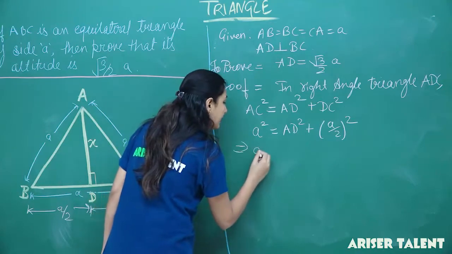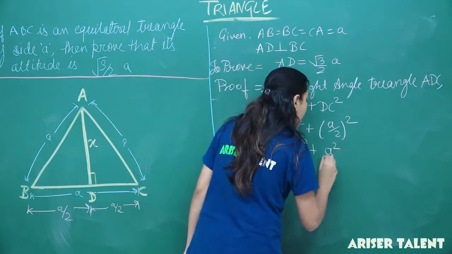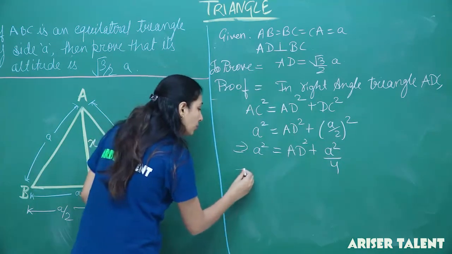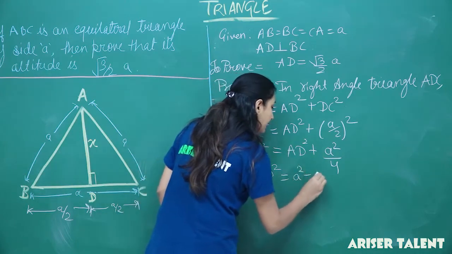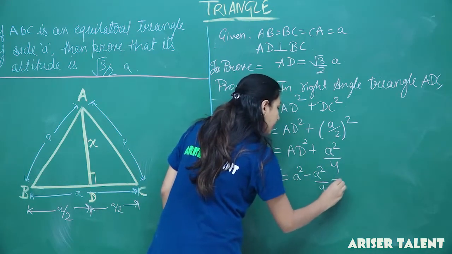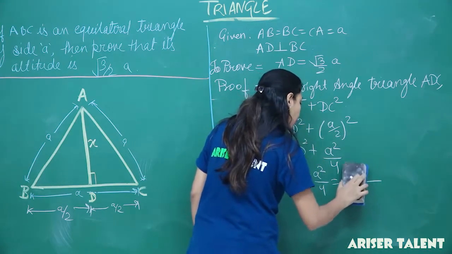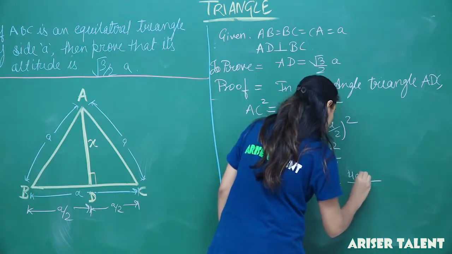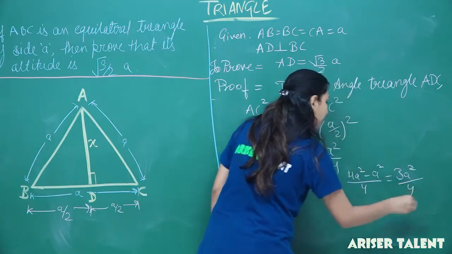So you can simply write A square equals AD square plus A square by 4. Now AD square will become A square minus A square by 4, that will be equal to 4A square minus A square, which gives you 3A square by 4.